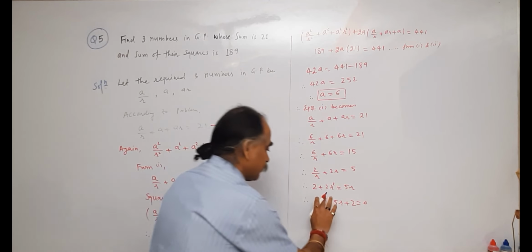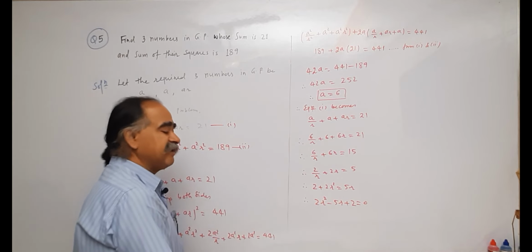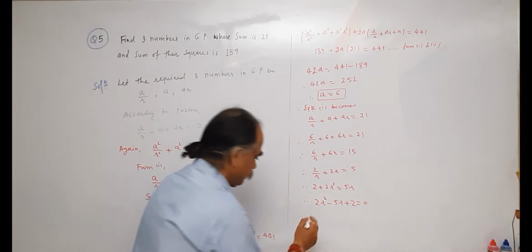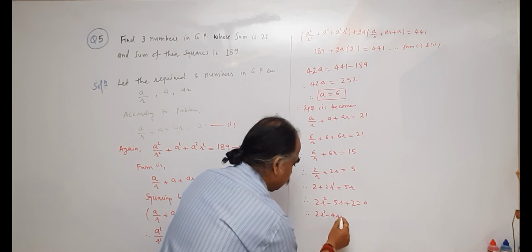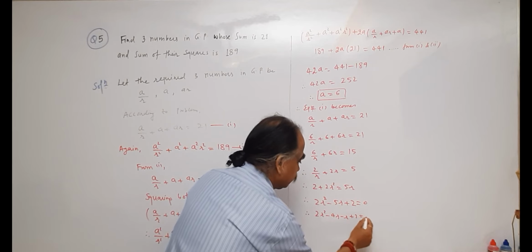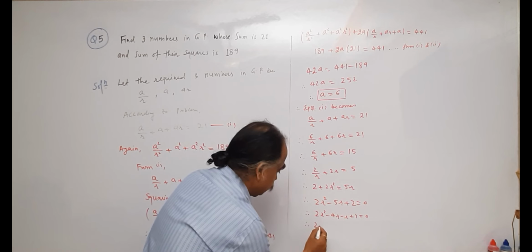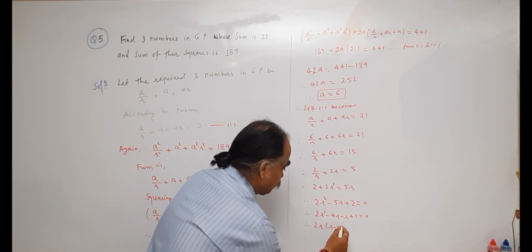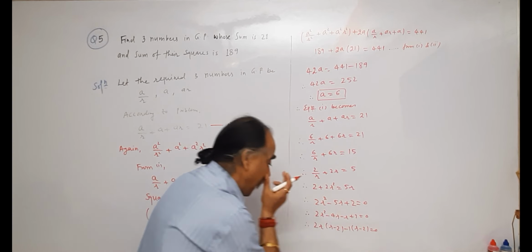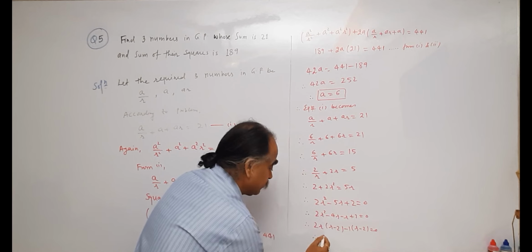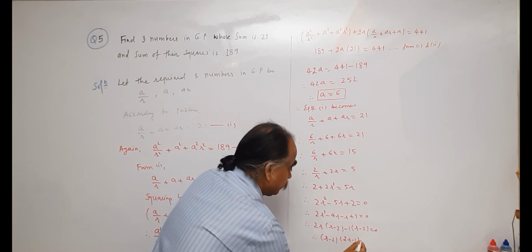2 into 2 is 4. Factorize in such a way so that after addition you must get 5: 4 and 1. So 2R square minus 4R minus R plus 2 is equal to 0. Take 2R common: R minus 2, minus 1 common, so R minus 2 common will give 2R minus 1.